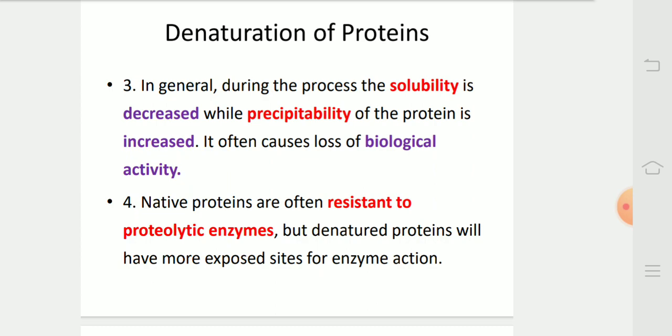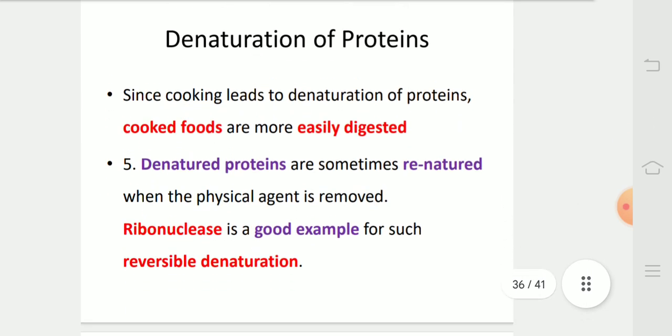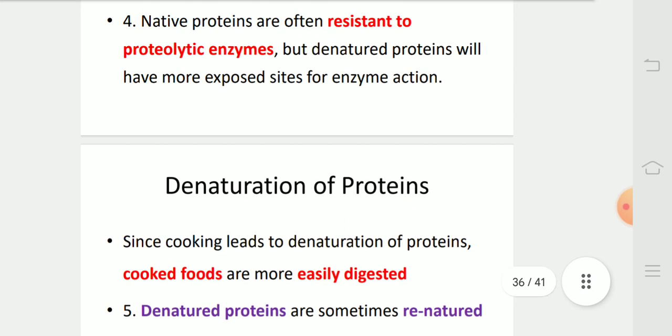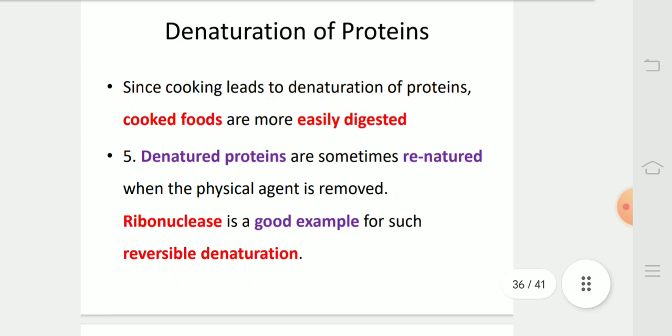Native proteins are often resistant to proteolytic enzymes, but denatured proteins will have more exposed sites for enzyme reaction. Since cooking leads to denaturation of proteins, cooked foods are more easily digested.